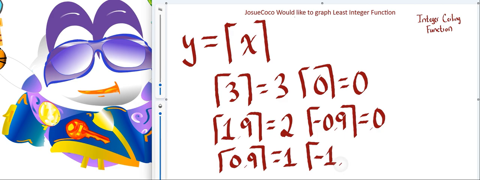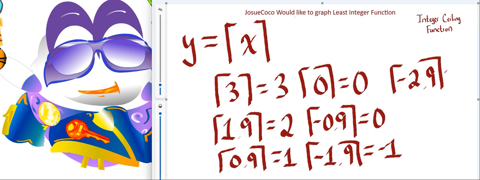Followed by the ceiling function of negative 1.9 equals negative 1. Lastly, the ceiling function of negative 2.9 equals negative 2.